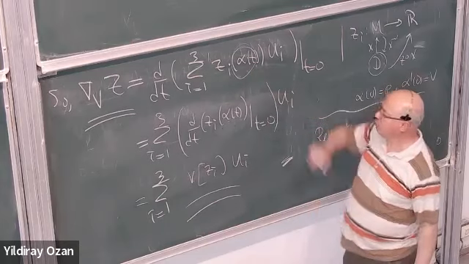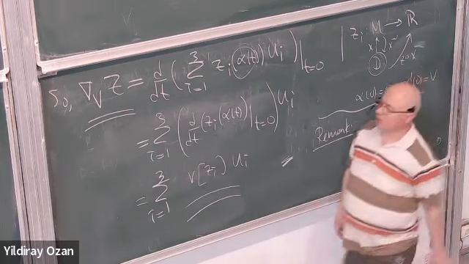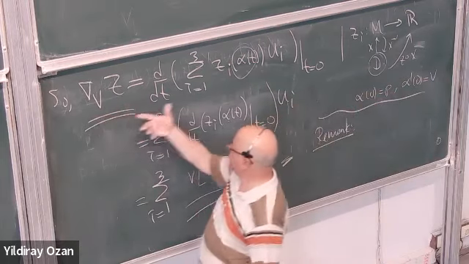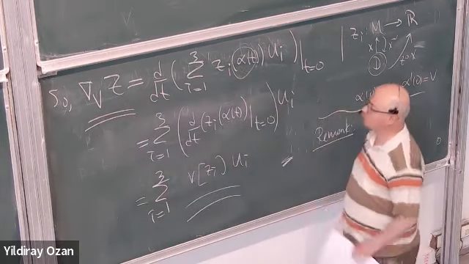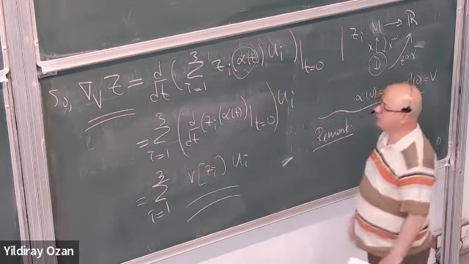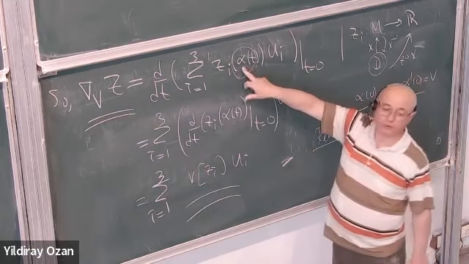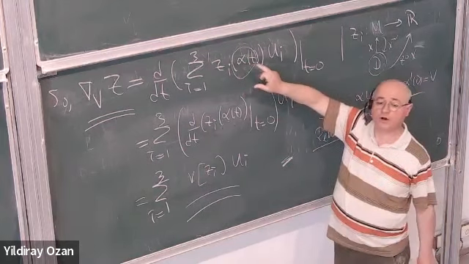The only thing we use about alpha is that it passes through the point P, and at 0, its vector is V. Therefore, defining this derivative using this auxiliary curve alpha is legitimate. So this is a well-defined object. It doesn't depend on the choice of the curve alpha.